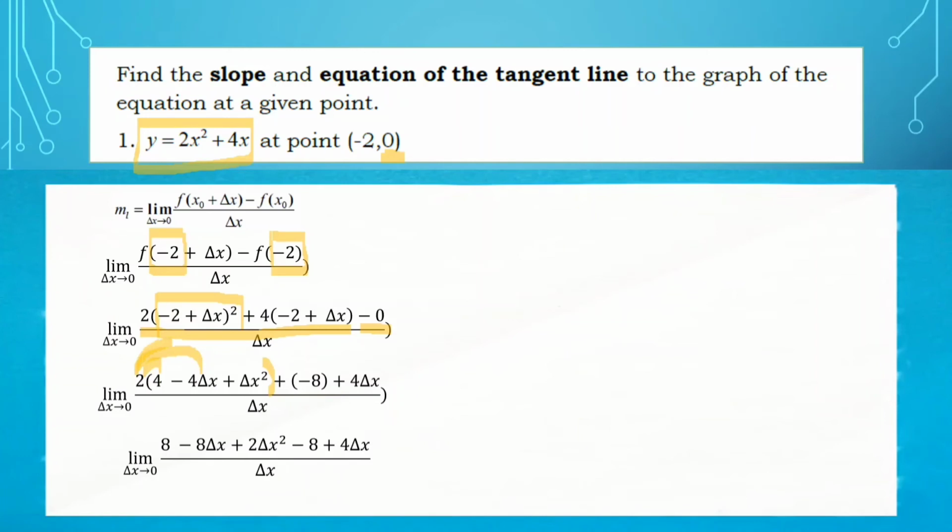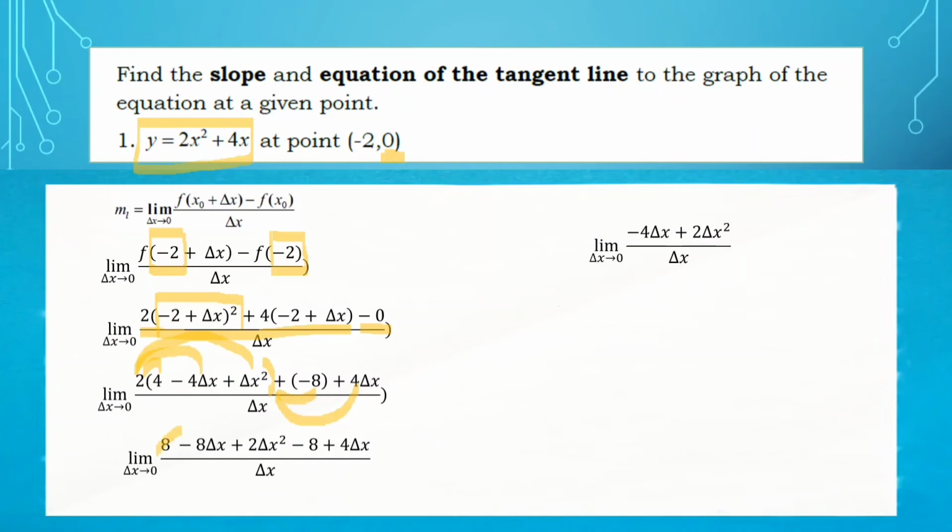As you can see, 2 times 4, 2 times the quantity negative 4 change of x, and 2 times change of x squared. The same with the sign: positive times negative 8 is negative 8, and positive times positive is positive.